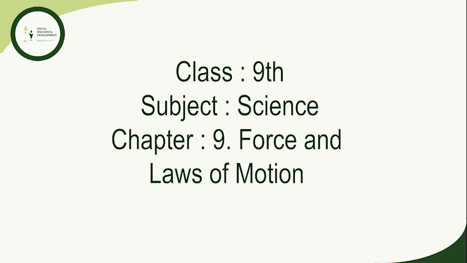The momentum of an object is the product of its mass and velocity and has the same direction as that of the velocity. Its SI unit is kg meter per second. The third law of motion states that to every action there is an equal and opposite reaction and they act on two different bodies. In an isolated system where there is no external force, the total momentum remains conserved.